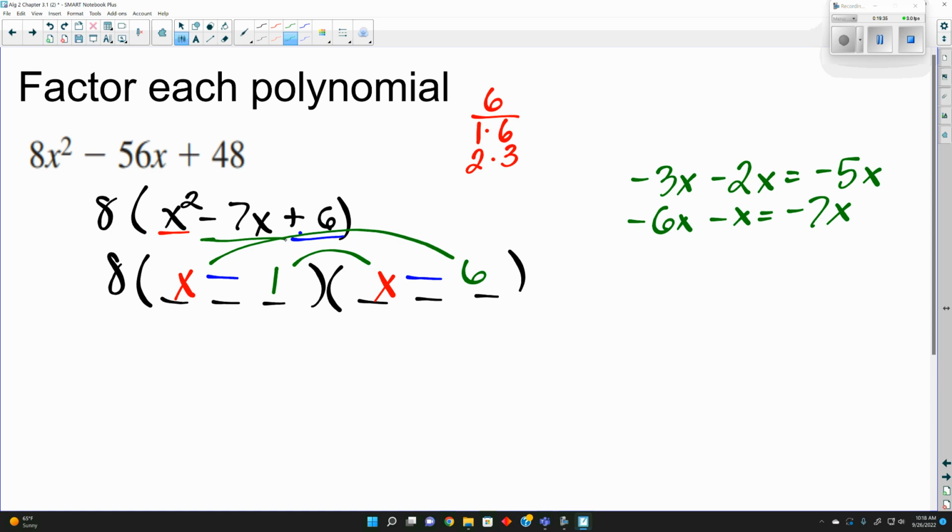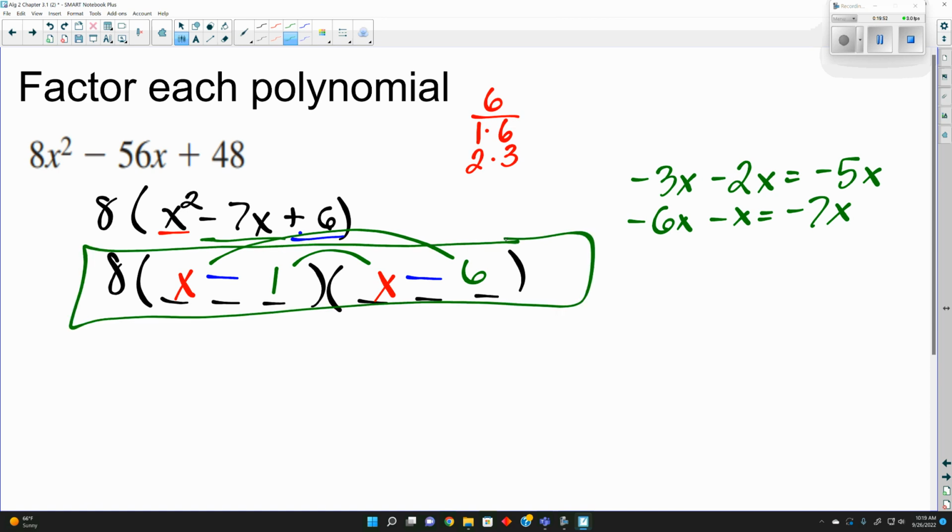We're not looking at the original one, because the original -56x still has that factor of 8 plugged in. But if we wanted to, 7 times 8 is 56, and it's negative, so it is the correct middle term. Now, on all these here, if you do factor out a greatest common factor, you have to include it in your answer.